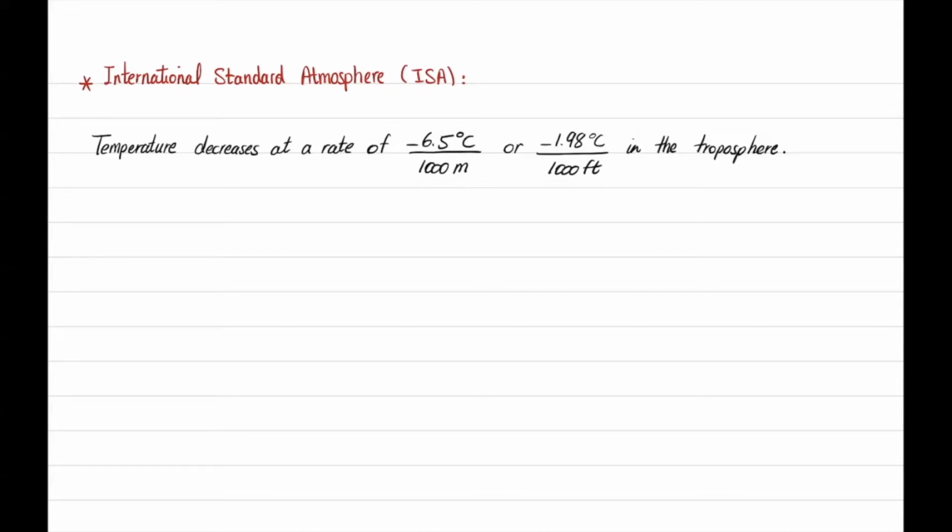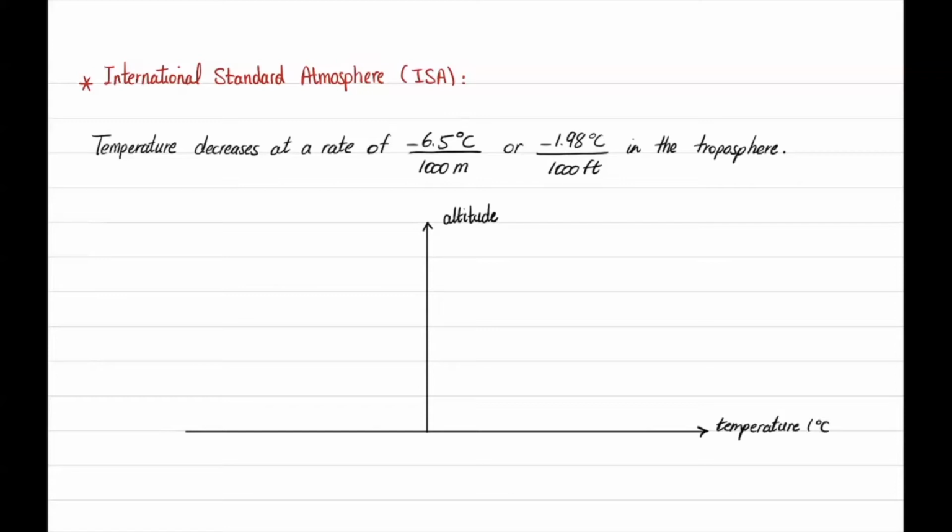If we have altitude on the y-axis and the temperature on the x-axis in degrees Celsius, at the mean sea level we have the standard temperature equal to 15 degrees Celsius. So when we are at the mean sea level, where the altitude is equal to 0, then the temperature will be 15.15 degrees Celsius.